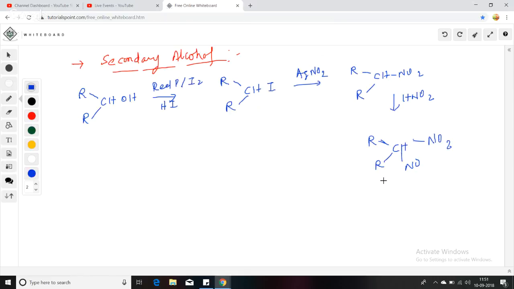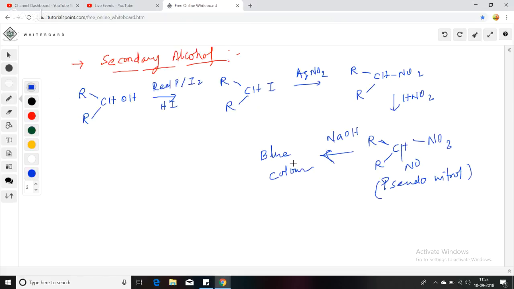This we call pseudonitrile. Now, when you put this into NaOH, the last step, the color that we get is blue color. So this color you must remember. In case of primary, we get blood red color, and now we are getting blue color.